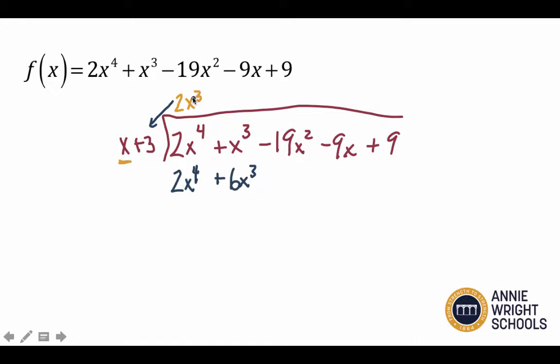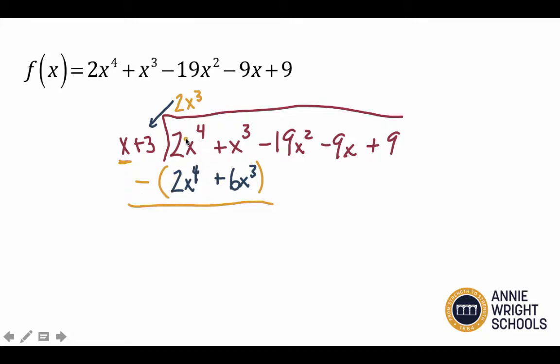Now, just like we did with 4 times 4 is 16, we now subtract this entire number. What I do is, instead of subtracting this entire number, I change the signs and add, because adding is much easier than subtraction.